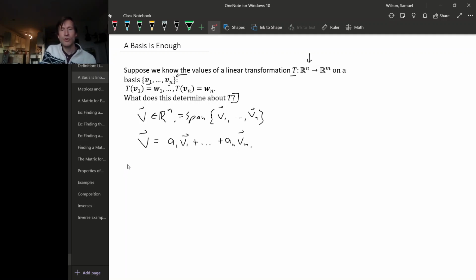Okay, so then the question becomes, well, what does the linear transformation do to v? Well, v is this linear combination, a1 v1 through an vn. But remember, we're assuming t is a linear transformation. We don't have a formula for it, but we're assuming that it is a linear transformation.